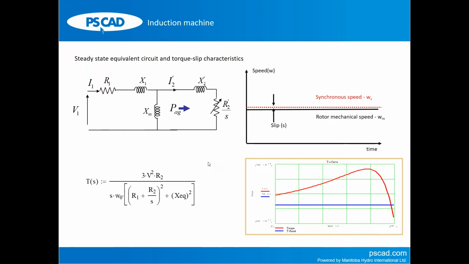So based on this equivalent circuit, we can derive the steady state torque speed characteristic of the machine. This is the equation, or approximate equation, and if you plot this, you will get the red curve. Depending on your R and X values, the shape of this curve could be different. This is the so-called starting torque. This peak value here is the so-called pull out or the peak torque.